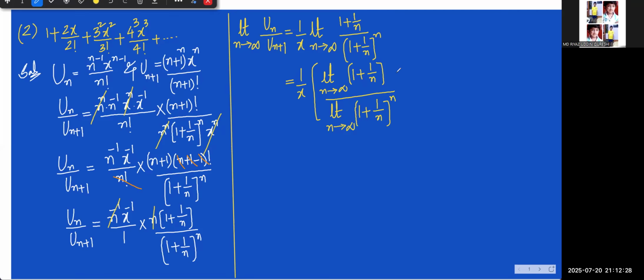What is the numerator value? 1 by x is there, of course, into 1 by x. Numerator value is, as n tends to infinity, 1 by n tends to 0, means 1 is left, and the denominator value is e. It means our answer is 1 by ex. Is that okay for all the students?